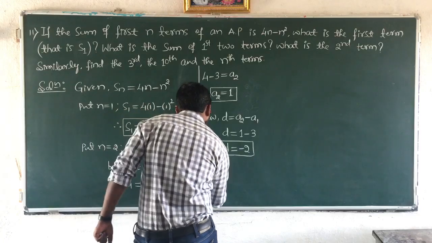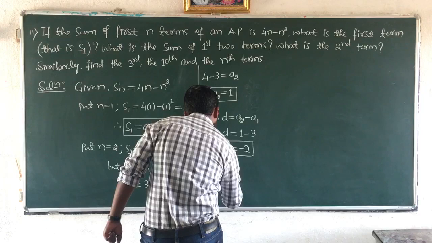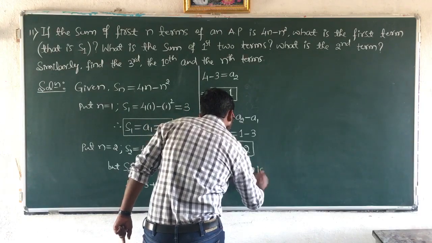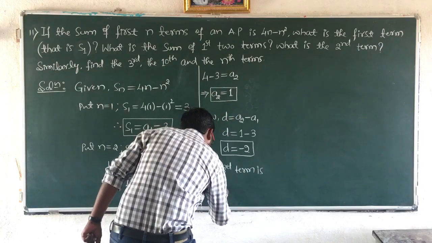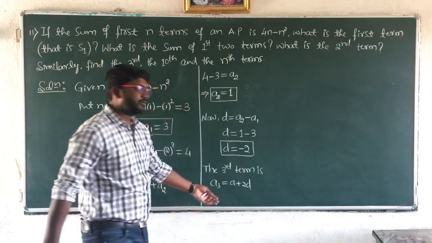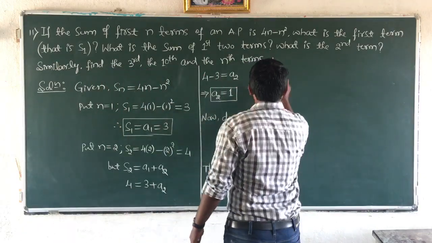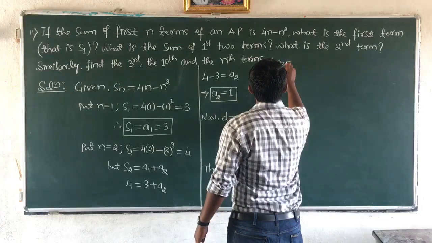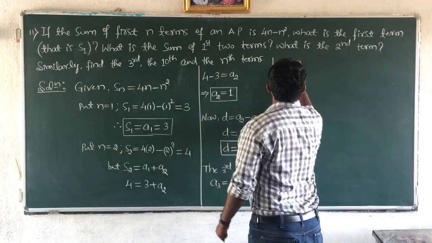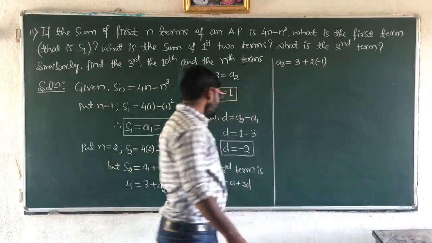So see here, the third term is A3, which is equal to A plus 2D. Now A3 is equal to A, which is nothing but A1, it is 3, plus 2 times D, it is minus 2.